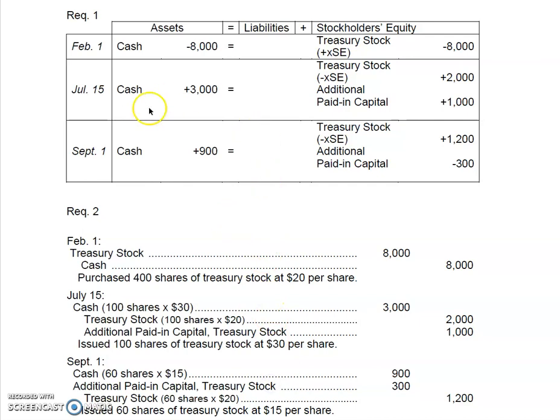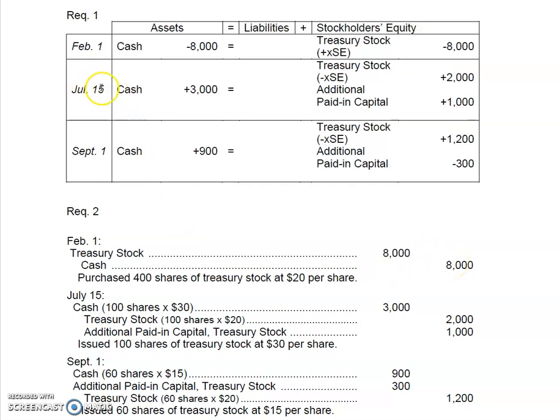So here we have the first one, we purchased treasury stock for cash. So we reduced cash because we paid cash out, and reduced stockholders' equity through an increase in treasury stock, which is a contra stockholders' equity account. And the journal entry right down here: debit treasury stock, credit cash for the purchase of that treasury stock.